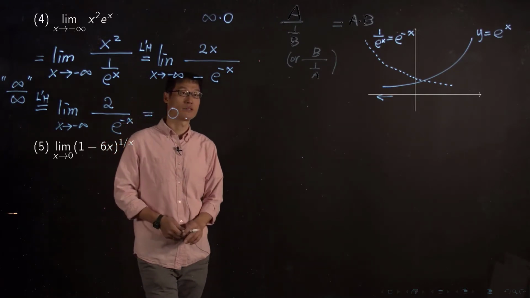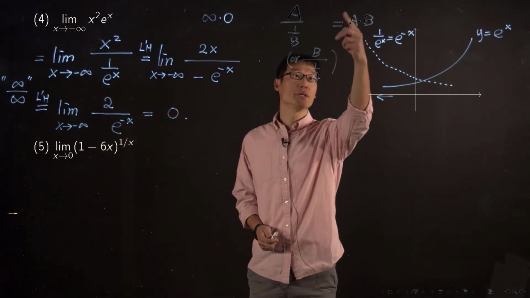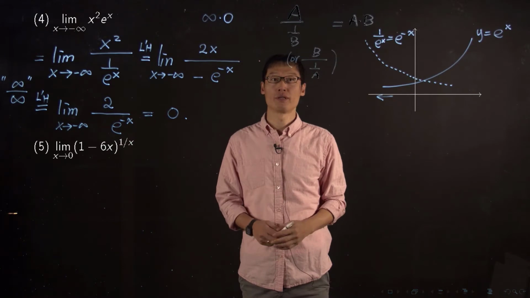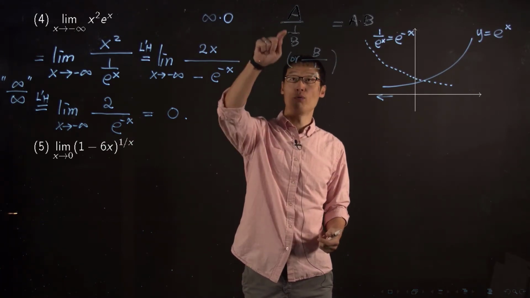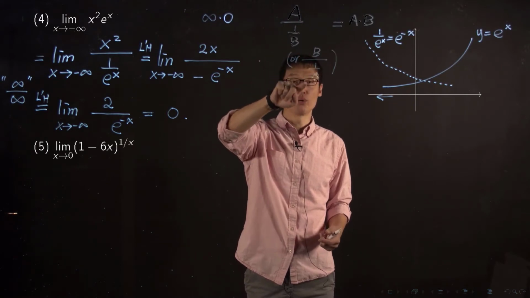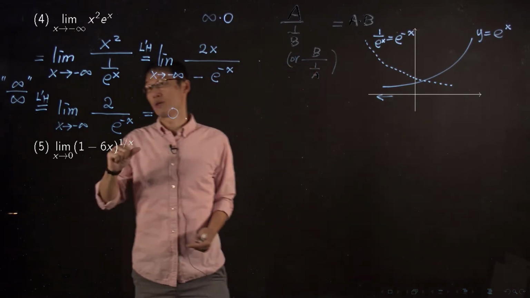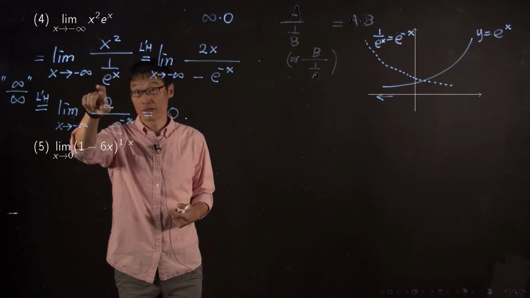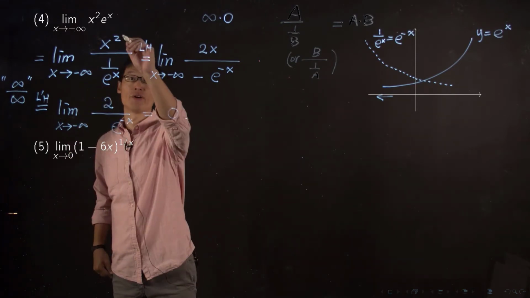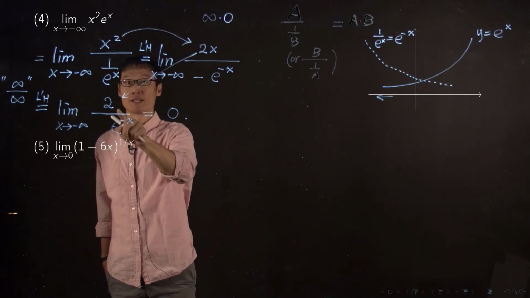So one quick remark is that for this given product a times b, there are two ways to have a fractional expression, a over 1 over b or b over 1 over a. So here we took 1 over e to the x in the denominator so that the derivative of x squared becomes simple like that.